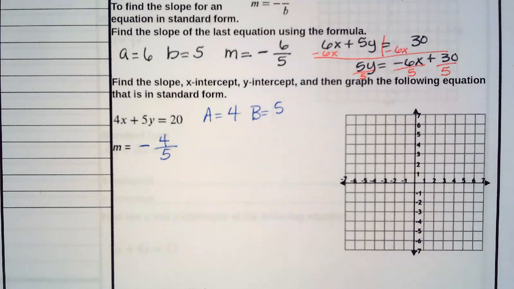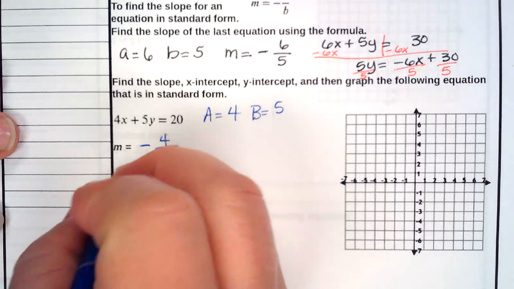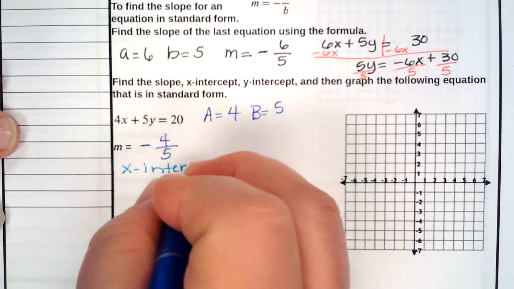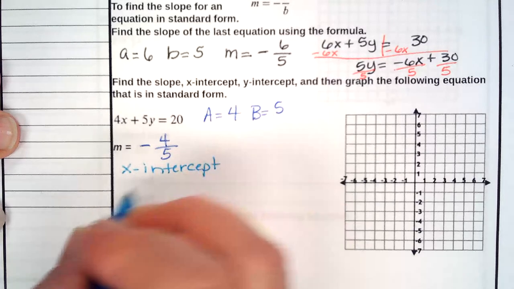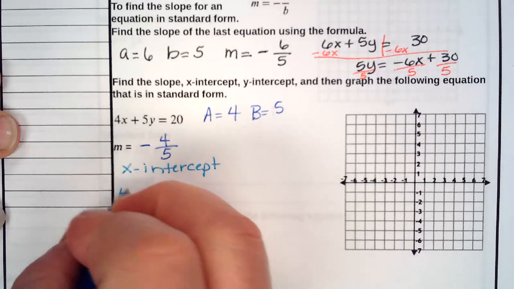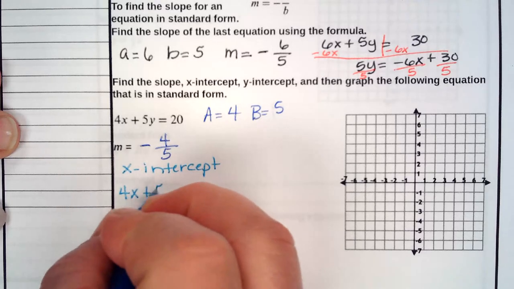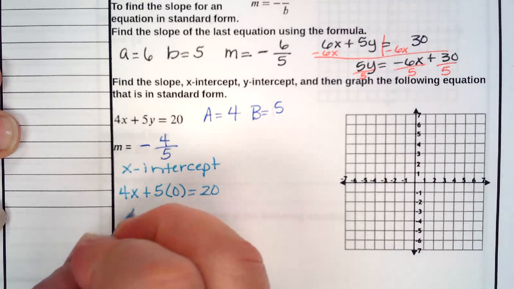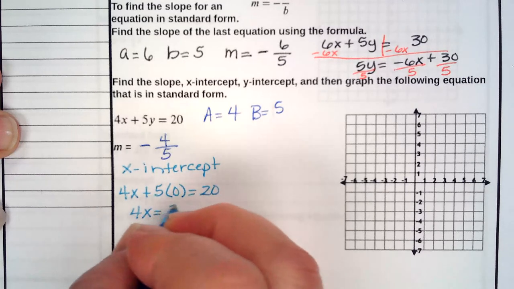That was step 1. For your x-intercept, is where what is equal to 0? It's where y is equal to 0. So it will be 4x plus 5 times 0 is equal to 20. 4x is equal to 20.